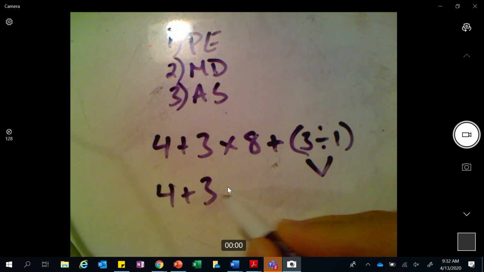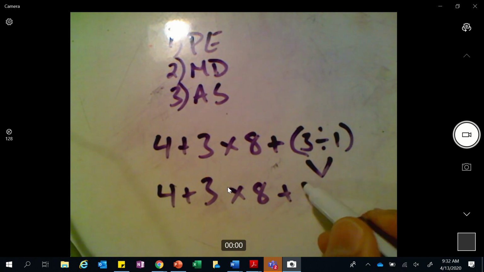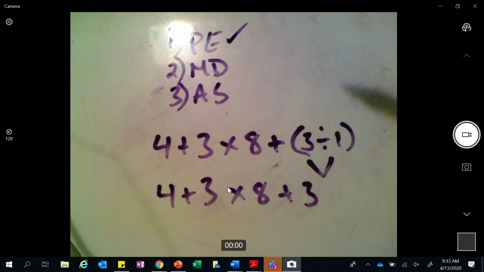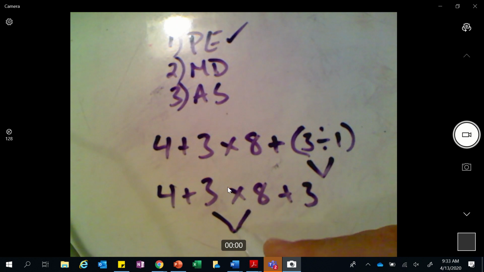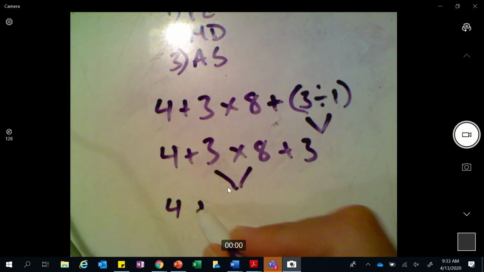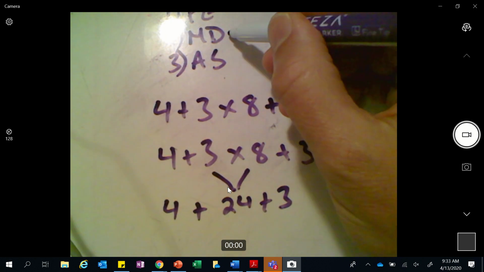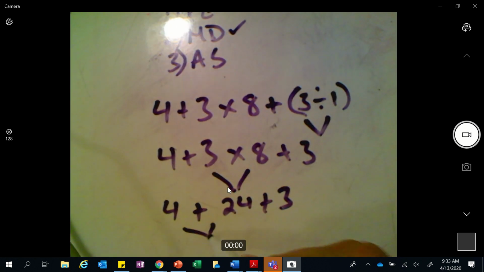I'll rewrite my question. 3 divided by 1 is 3. There we go. Now I've done number 1. Multiply, divide. So I go left to right. Any multiplication or division, I see multiplication. There we go. Check. And now addition, subtraction, just going across.